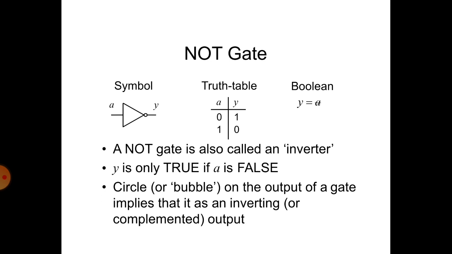This slide shows the NOT gate symbol, or inverter. The symbol diagram is a simple diode symbol with one bubble. 0 will be 1, 1 will be 0.